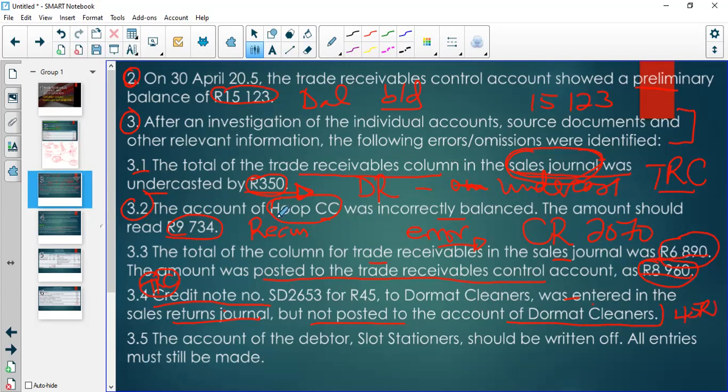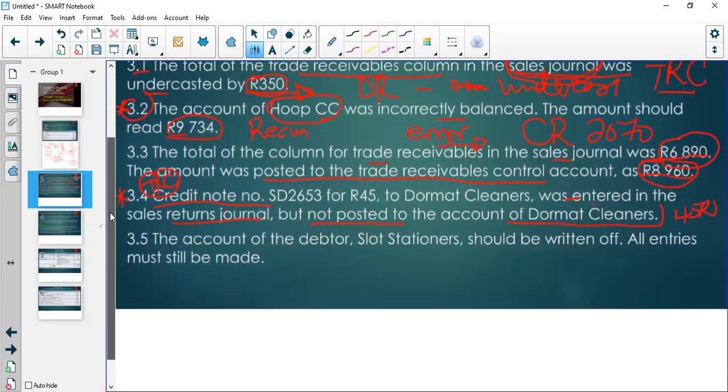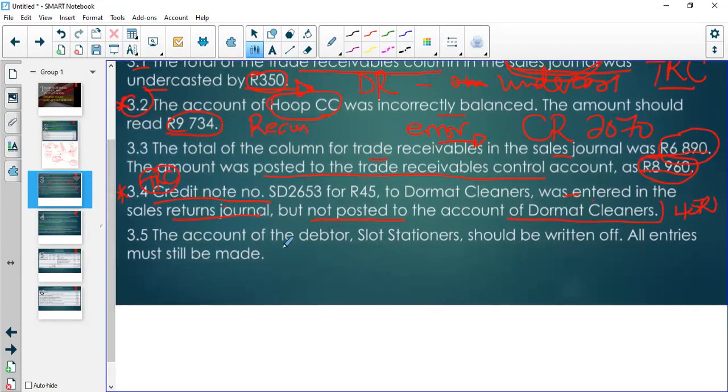So far we have this amount here and this amount here, because what is affected is the individuals, not the totals. Right? So the account of the debtor should be written off. All entries must still be made. So what this means is that because we are writing it off, it's a credit loss, a bad debt, right? It's going to reduce our trade receivables control.